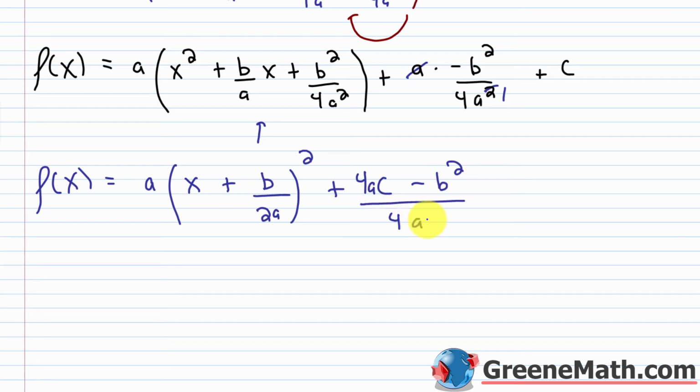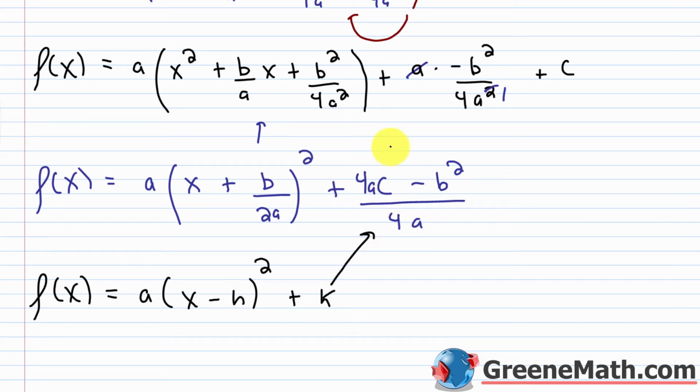Now, there's one other thing we want to do here. Remember, when I showed you vertex form, it's f of x is equal to a times the quantity x minus h squared plus k. So here, k is this guy right here. So that's going to be the y coordinate when you're talking about your vertex.